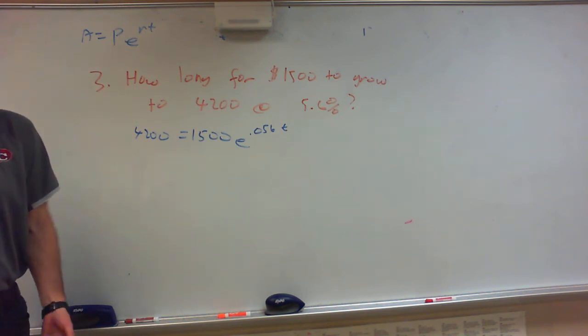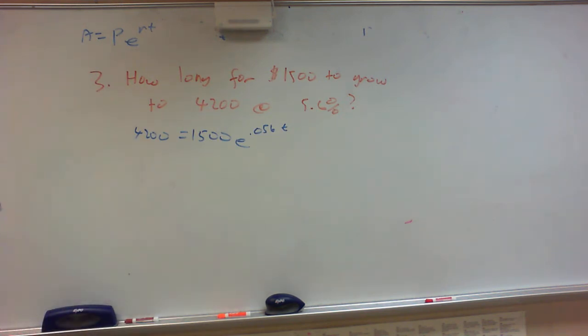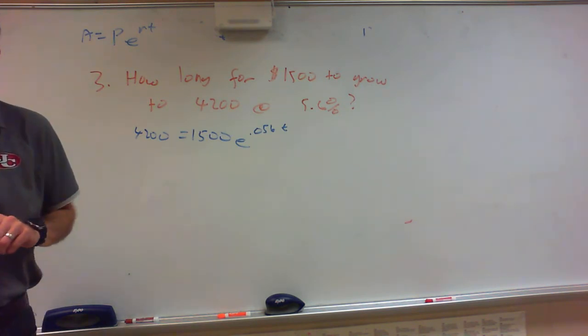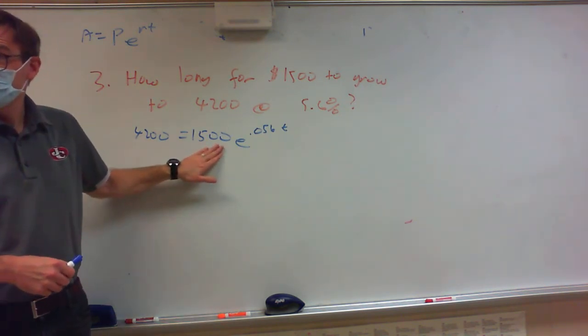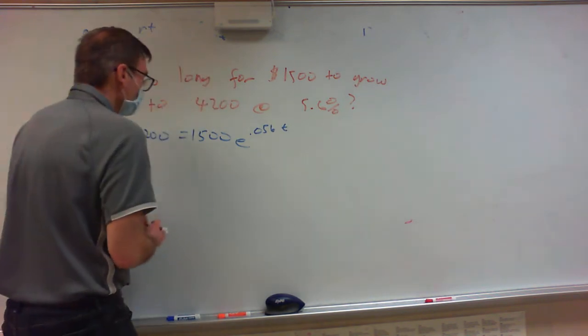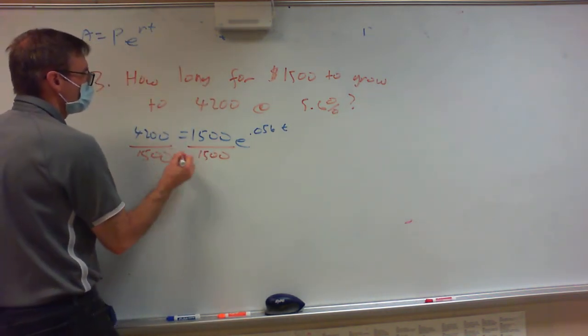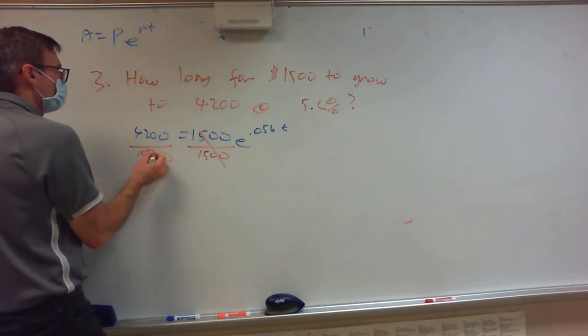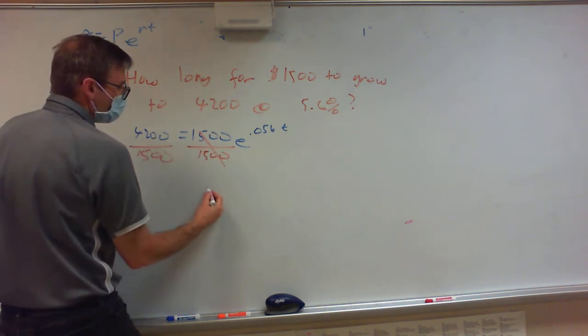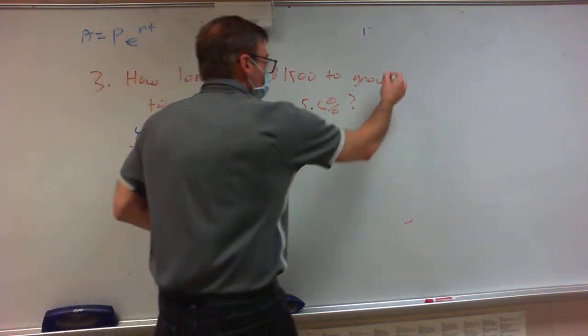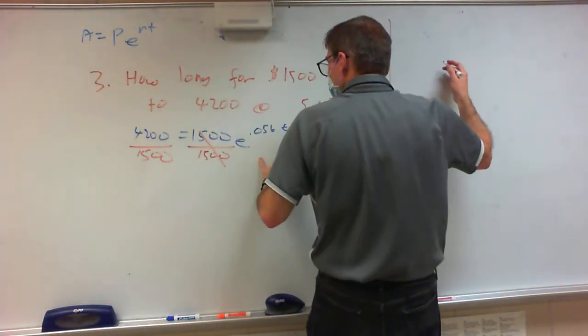This kind of looks like a problem I gave you yesterday, doesn't it? How do you solve for T? Not yet. What do you have to do first? Divide by 1,500. Everybody see we got to get rid of this? So we're going to divide by 1,500 on both sides.